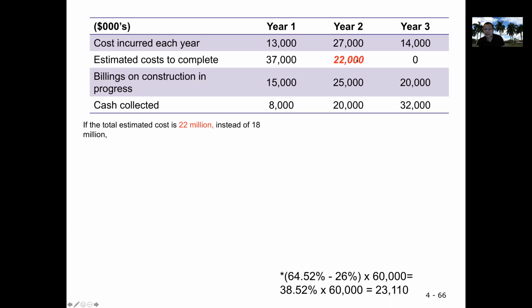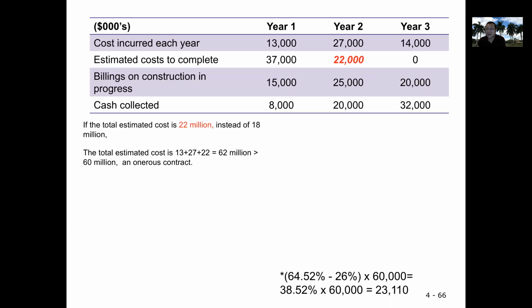So let's take a look at what happened. When I add all the cost, the first year's cost, 13,000, plus second year's cost, 27, plus expected third year cost, 22,000, in total I get 62 million. So that's more than 60 million, the contract price.